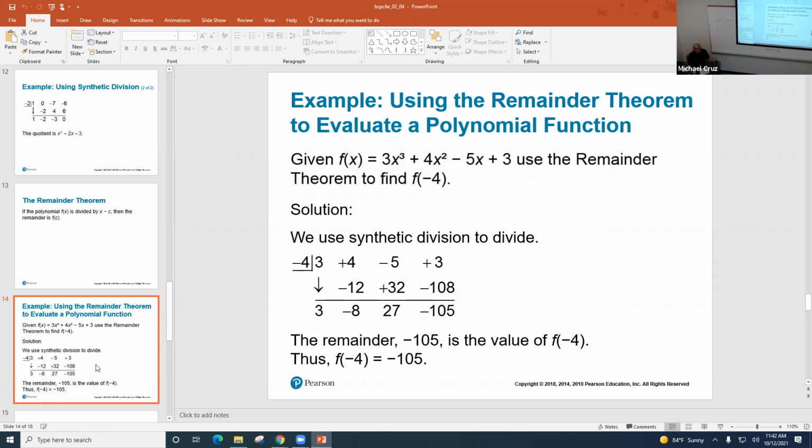You had like x minus 2 squared or x plus 1/2 to the third. And from that, you can tell the multiplicity, and whether it crossed or touched the x-axis. Well, the good thing about this is now we can use this to find out on any function what the zeros are.